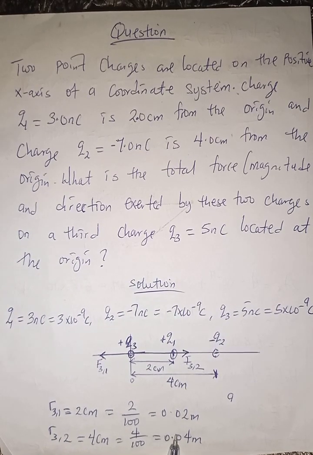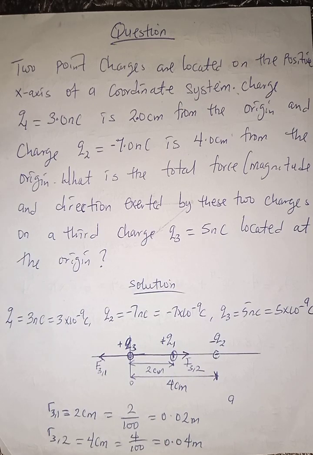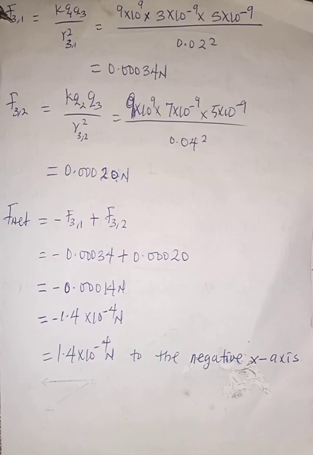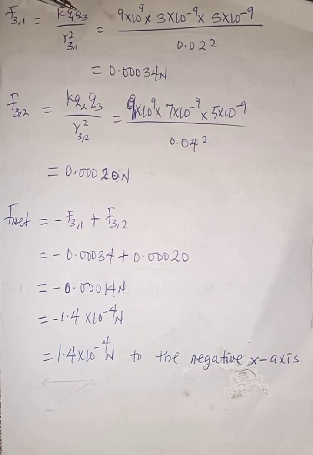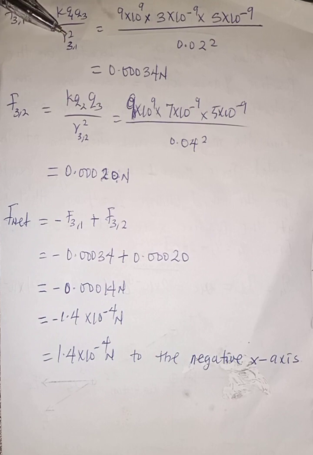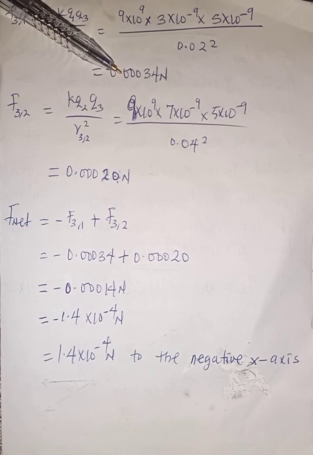We calculate the magnitudes, then add them up in vector way. F31 will be k Q1 Q3 divided by r squared, using Q3 and Q1 and the distance between them squared.